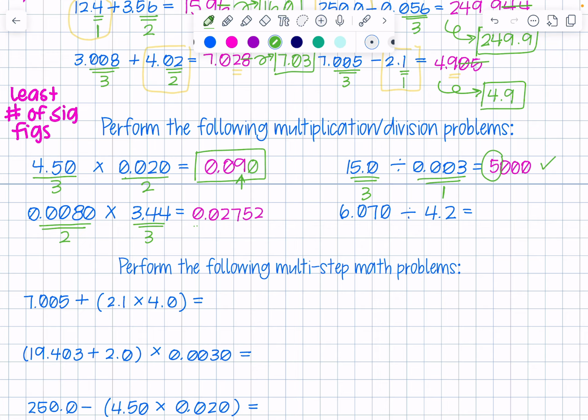So these 2 zeros are not significant until I get to the 2. This is significant figure number 1, significant figure number 2. So this is the point at which I need to be rounding. All right. The 5 tells the 7 to round up. I'm going to get 0.028, drop off the 5 and the 2, and that will be my final answer.